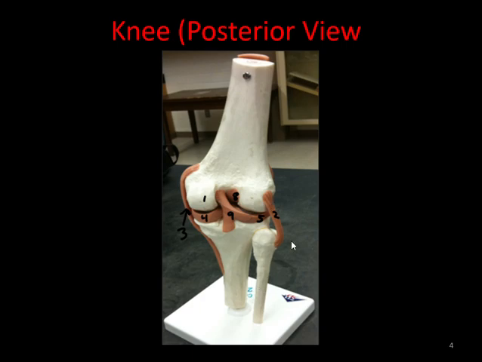Fibular because it attaches specifically to the fibula. So again, this is the lateral side of the body. It attaches to the fibula, and it is the lateral collateral ligament or fibular collateral ligament. And again, this side is the medial side, so this is the medial collateral ligament or the tibial collateral ligament.